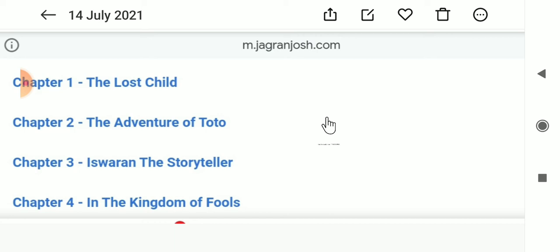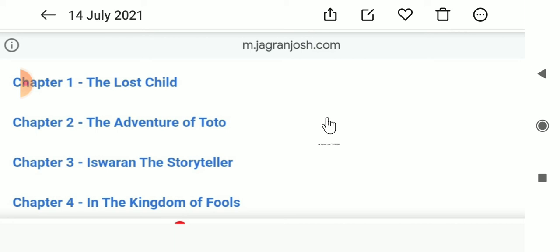It is a Kannada folk tale, written by A.K. Ramanujan, and it is taken from the Kannada script. You are aware of this, In the Kingdom of Fools.